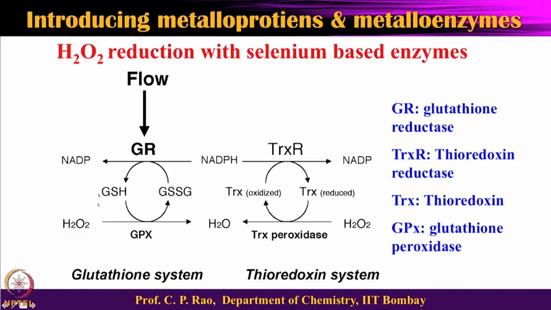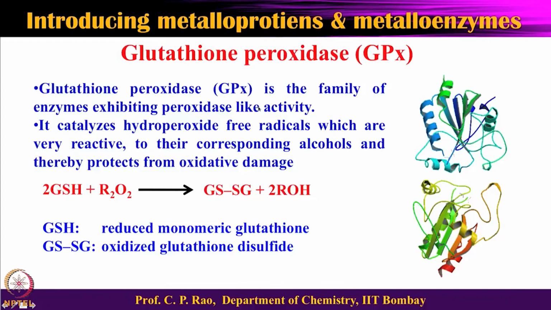So, therefore, glutathione peroxidase and this part is called glutathione reductase. Thioredoxin peroxidase, thioredoxin reductase. Okay. So, these are how things are. As I have repeated to you several times, I am sure you will be able to understand this without any difficulty. Now, let us come for a while to glutathione peroxidase.